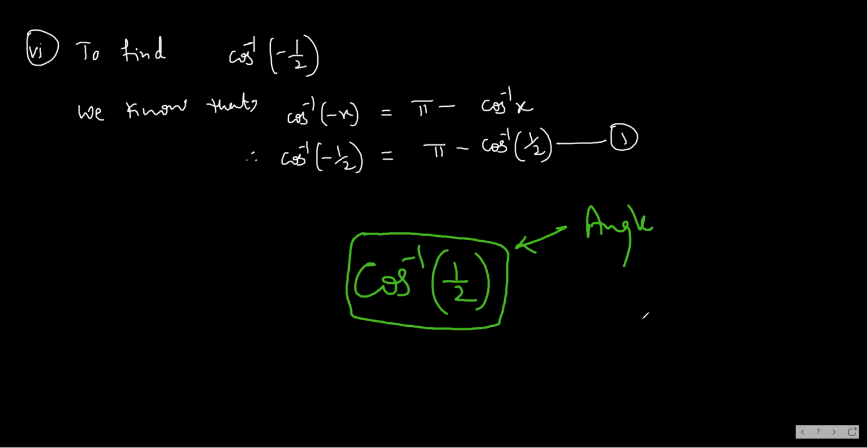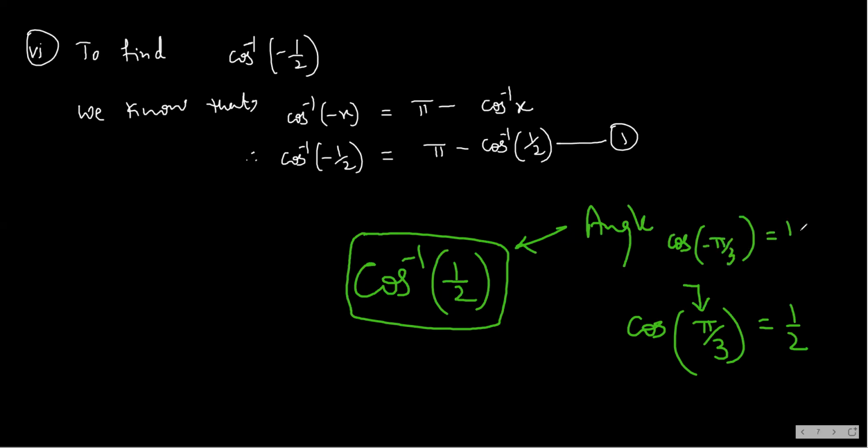And you know one angle you all remember, which is pi by 3. Cos pi by 3 is 1 by 2. But remember, like pi by 3, there are infinite angles for which cos value will be 1 by 2. Cos minus pi by 3 is also 1 by 2.